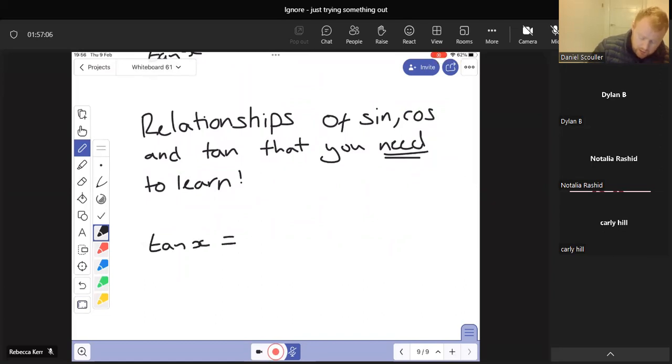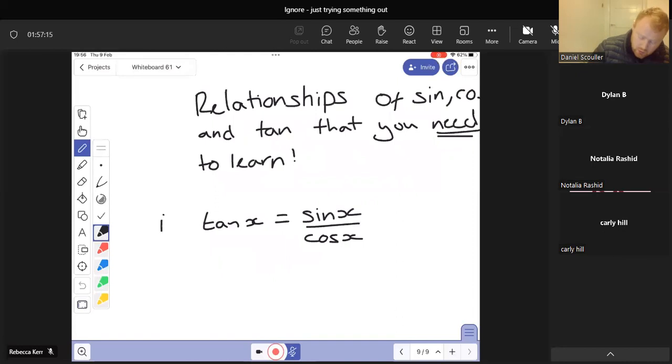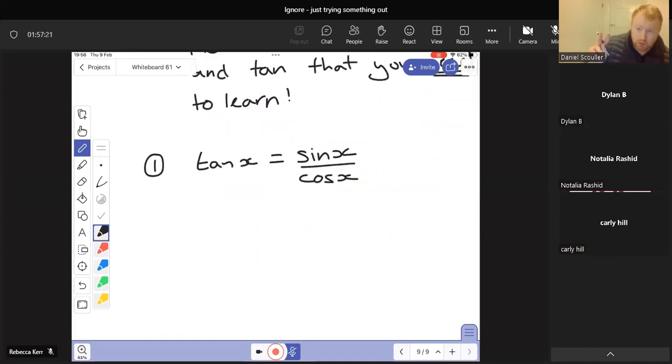Equation 1 is tan x equals sine x over cos x. There's only two relationships we need to know. Equation 2 is sine squared x plus cos squared x is equal to 1.